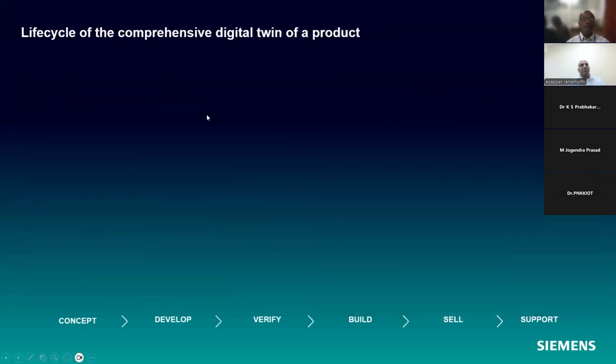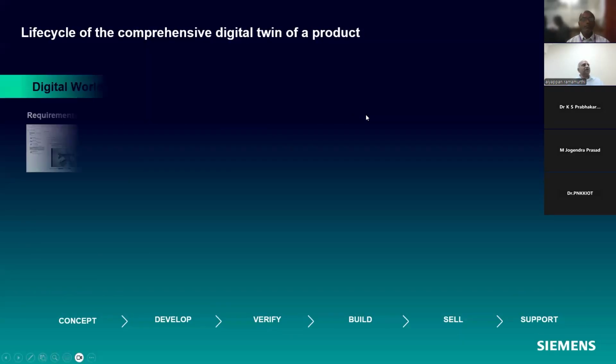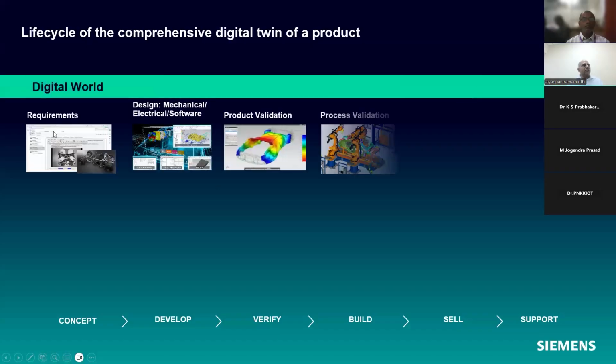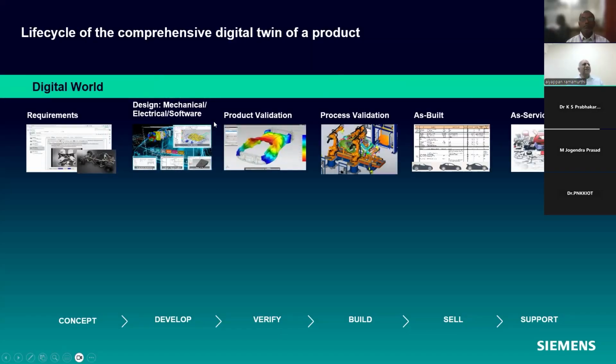Let's take an example which is of a product and production. On the digital side, here I'm taking an example of automotive manufacturing, which is simple to understand. So you have the requirements. Requirements can be performance criteria, sustainability, cost, a variety of inputs.